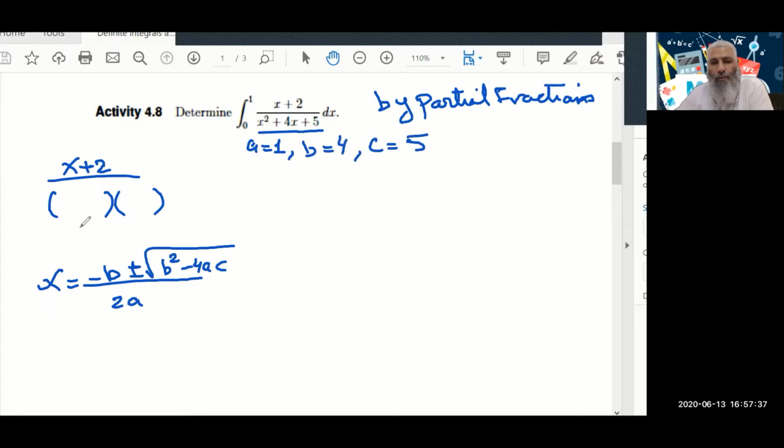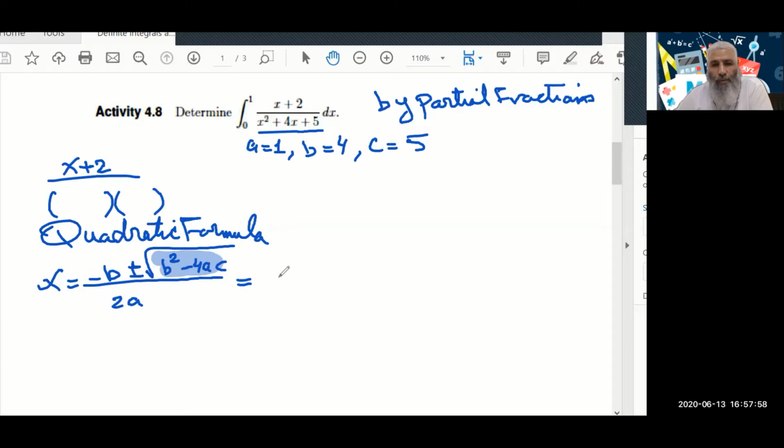This is the quadratic formula. I know, yes. We call this part the determinant. I don't know. This part is the determinant.